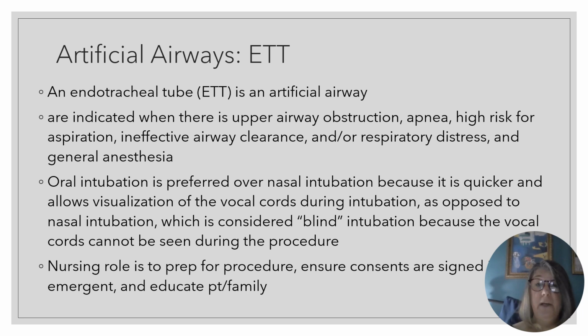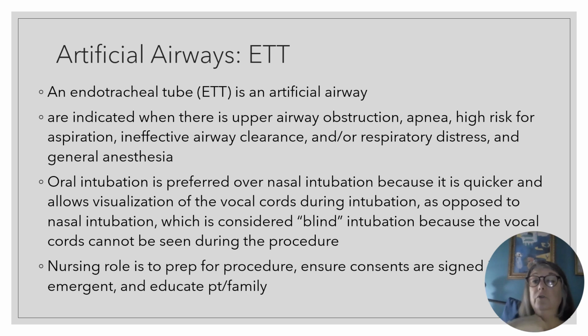Sizes for adults range from 7.5 to 9.0 millimeters. Oral intubation is preferred over nasal intubation because it is quicker and allows visualization of the vocal cords during intubation, as opposed to nasal intubation, which is considered blind intubation because you can't see the vocal cords. So basically with an ET tube, we can go through the nose or through the mouth.